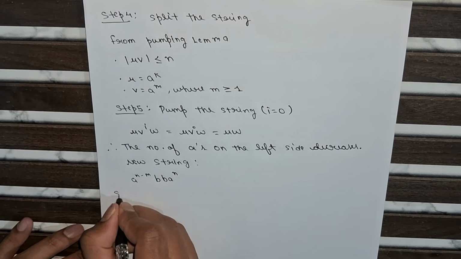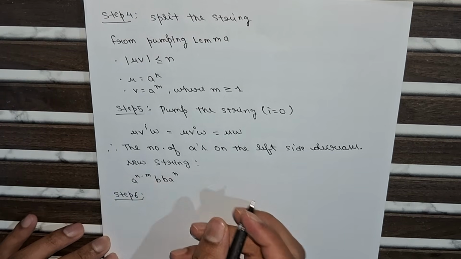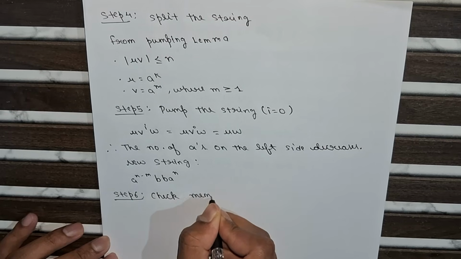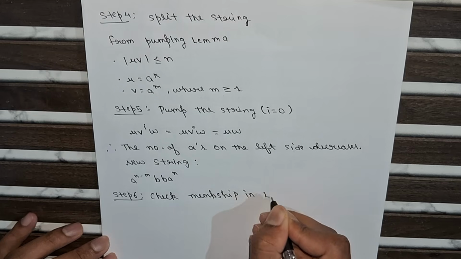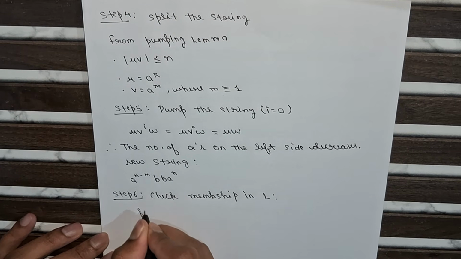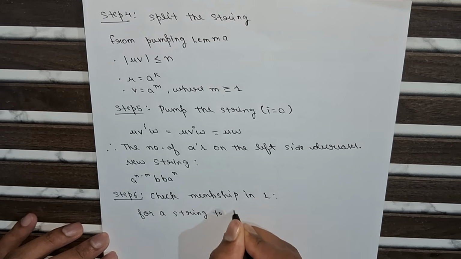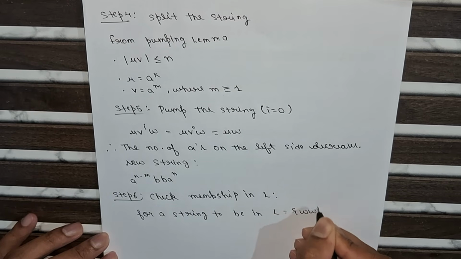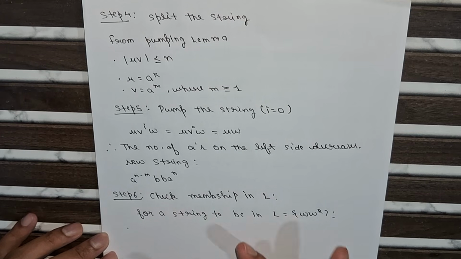Now in step 6, we check the membership in L, which means we cross verify the pumping lemma. For the string to be in L, which is the language w w^R, the left half must be the reverse of the right half.